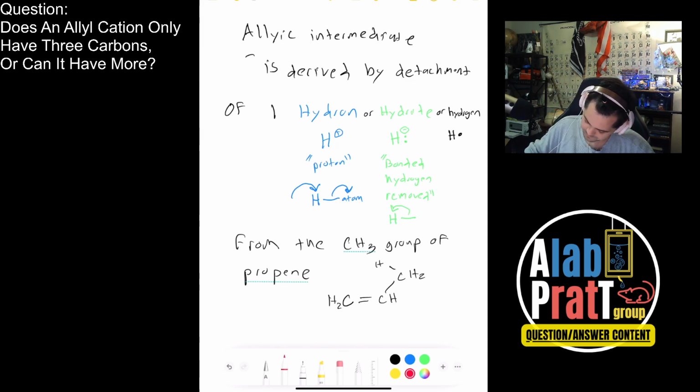And so we'll highlight that this is the CH3 group we're talking about here. And so, as defined, there is indeed one carbon, two carbons, and three carbons.